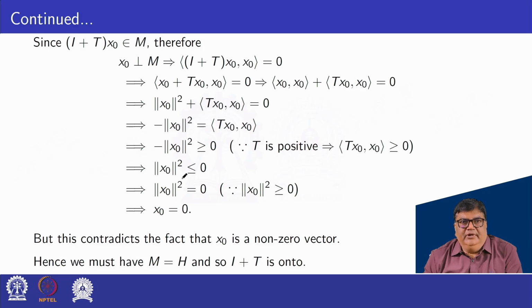That is, norm x0 squared is equal to 0. This implies that x0 is equal to 0. But this contradicts the fact that x0 is a non-zero vector. Hence, we must have M equal to H, and so I plus T is onto.